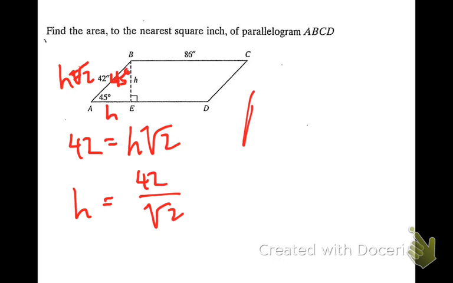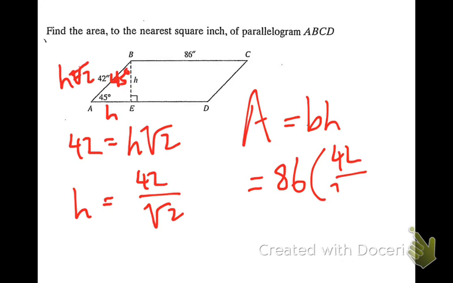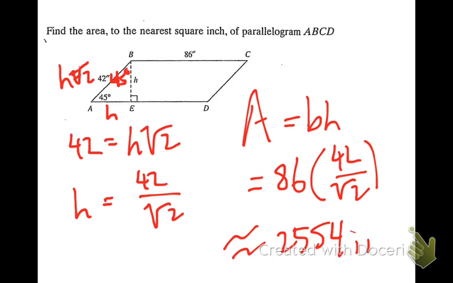So my area, now that I know the height, 42 over radical 2, area equals base times height. So it's going to equal 86 times 42 over radical 2, which is approximately 2,554 inches squared. Any questions? No questions.